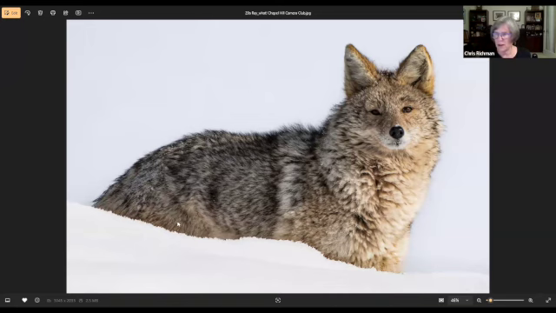And so that's another nice compositional element. Coming in from this side and being able to follow the back up and then land here nearly perfectly in the rule of thirds intersection here with the head, I think that's a really great composition for just an animal sitting out in the snow.